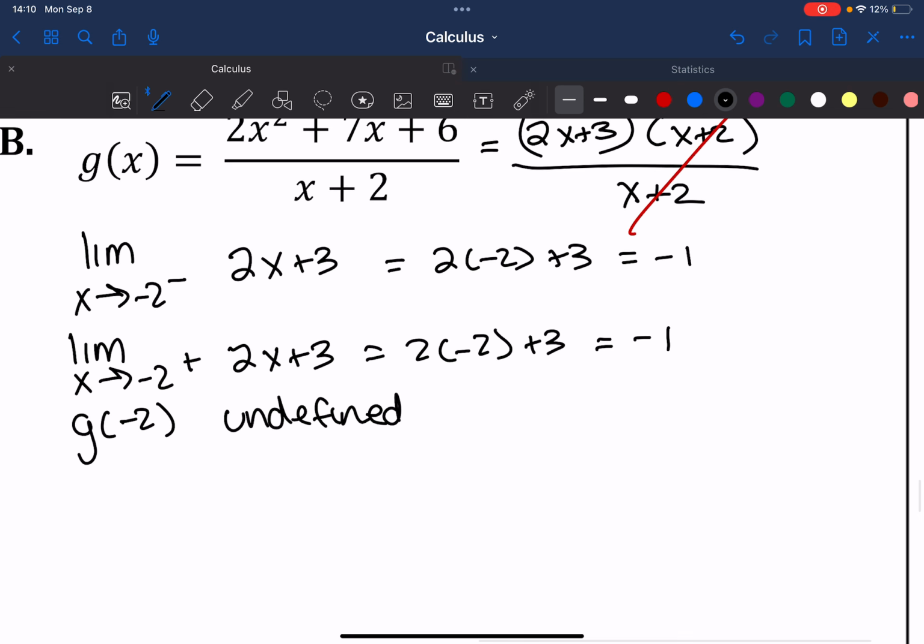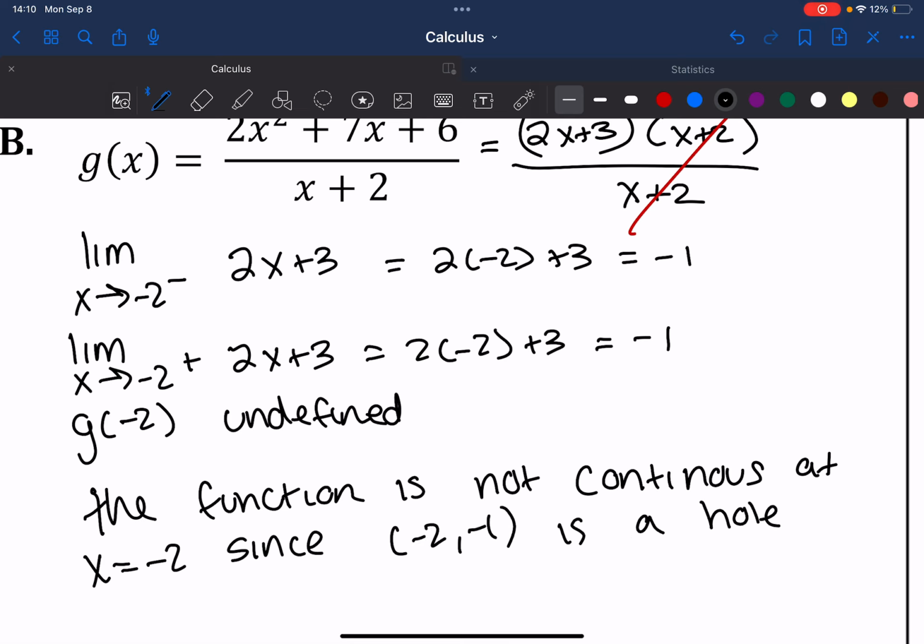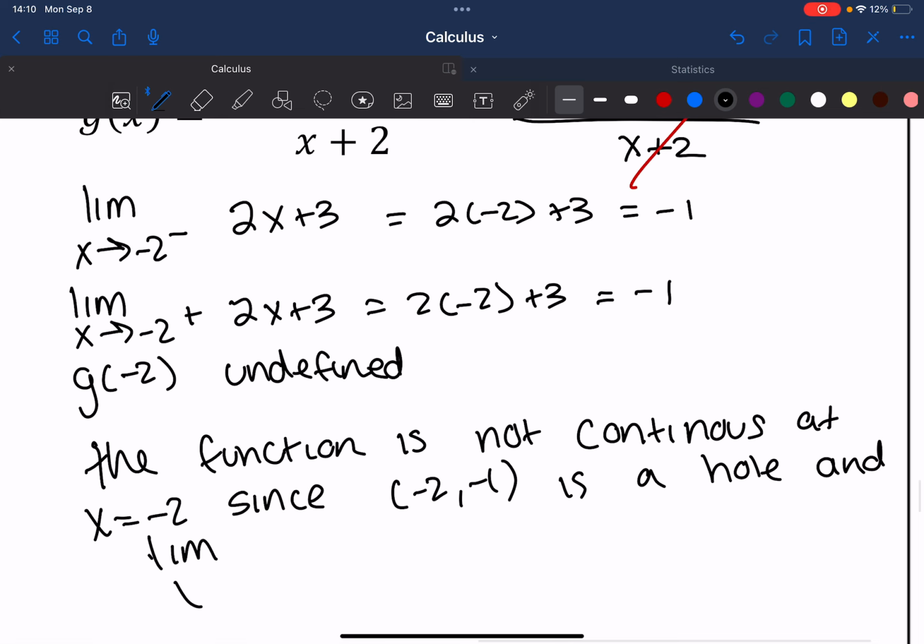Okay, so I would say that the function is not continuous at x equals -2, since (-2, -1) is a hole, and the limit as x approaches -2 of g of x is not equal to g of -2.